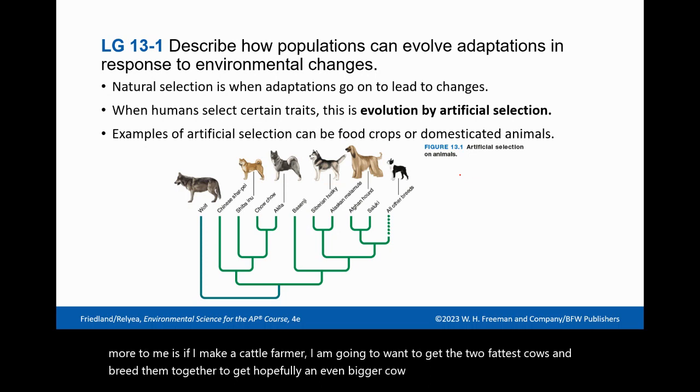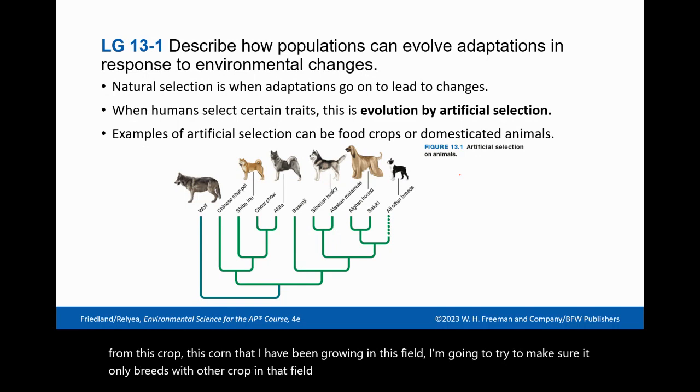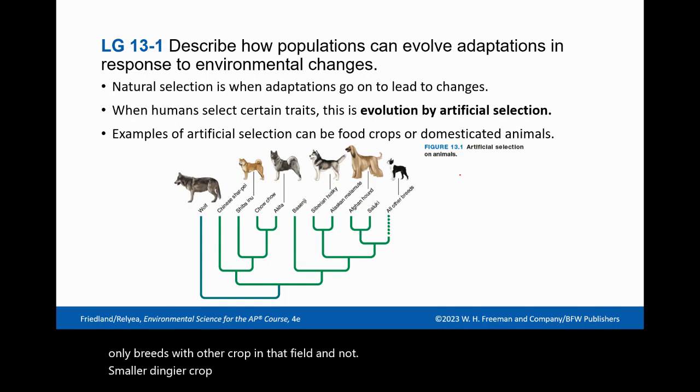Or if I have good crop yield from this corn that I've been growing in this field, I'm going to try to make sure it only breeds with other crop in that field and not a smaller, dinkier crop. Because I want the most money for our crops. I want to make the most money, right?